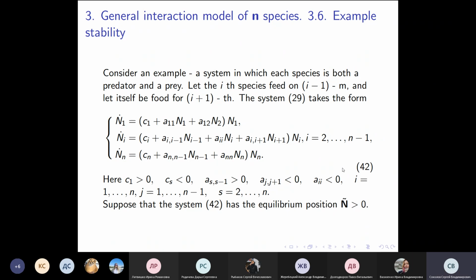So far, for some Ci, Aij, there is no equilibrium position, and we can't say anything about their stability because there is no equilibrium. But if the equilibrium exists, the interaction type ensures us the stability.